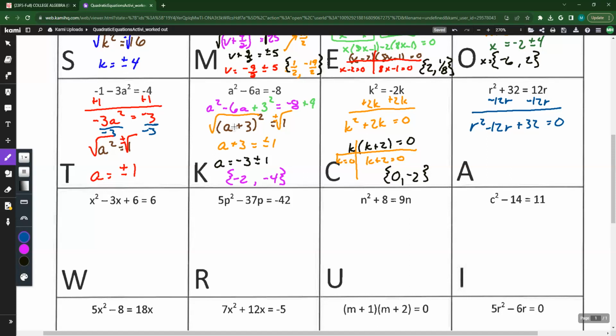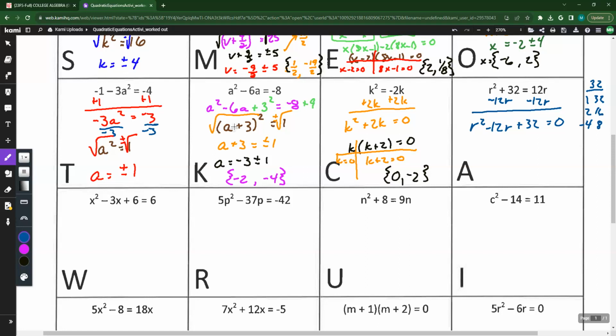I need my factors of 32, which are 1 and 32, 2 and 16, 3 doesn't go in there, 4 and 8. 5 doesn't go in there, 6 doesn't go in there, and 7 doesn't go in there, and now I'm back to 8. So those are all my factors. Because this is a plus, they have to be the same sign, and I have to get to a -12.